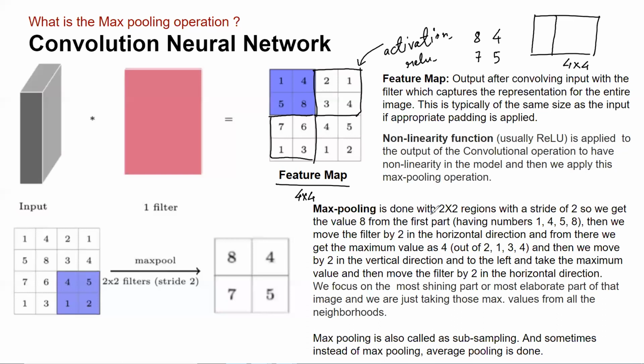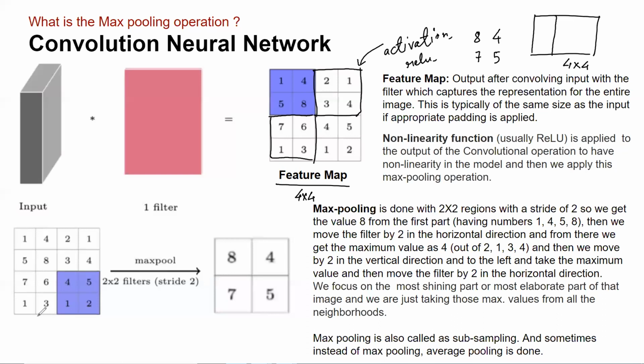Why am I doing max pooling here? Because this is further reducing my complexity. I do not need to consider all the pixel values. I am only considering those pixel values whose intensity is higher, because it significantly reduces my computation.